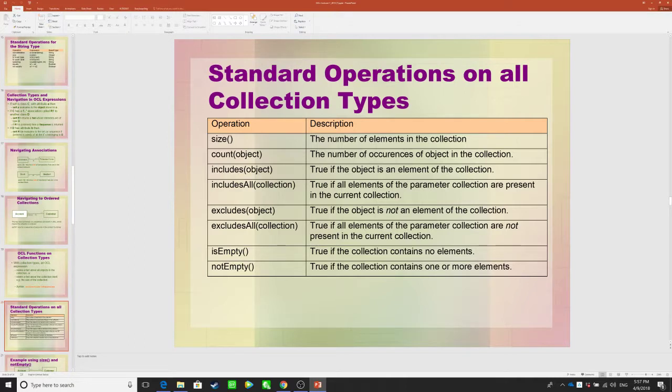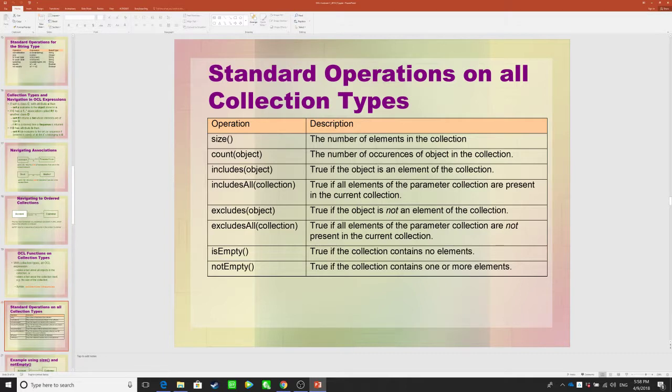IncludesAll is true if all the elements of the parameter collection are present in the current collection. Excludes is true if the object is not an element of the collection, and excludesAll is true if all the elements of the collection are not present.